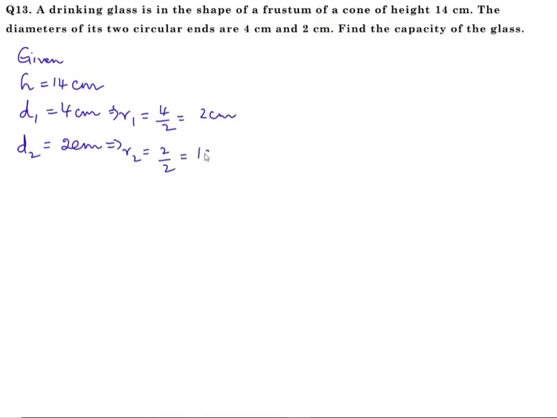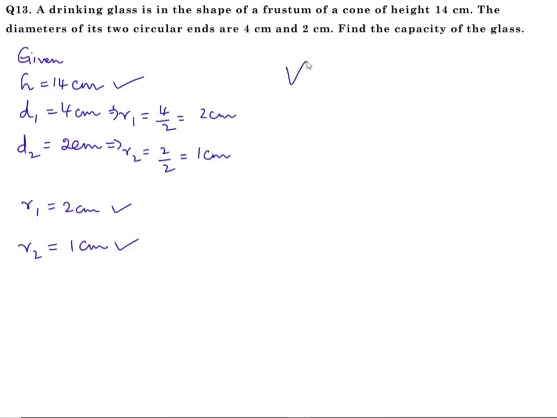R2 is 2 by 2, which is 1 centimeter. I have got R1 as 2 centimeter and R2 as 1 centimeter. Height is 14 centimeter. What I need to find out is the capacity of the glass. Capacity is the volume.